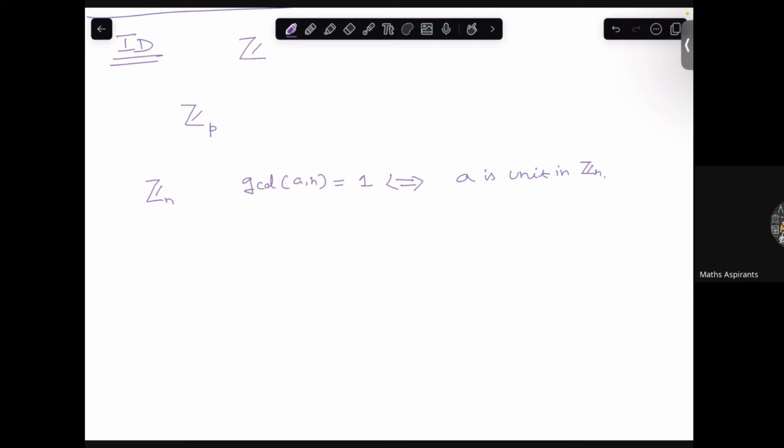What do we mean by unit? There exists an inverse, let's say b, such that ab = 1. And gcd(a, n) > 1 if and only if a is a zero divisor. This is a result, okay?